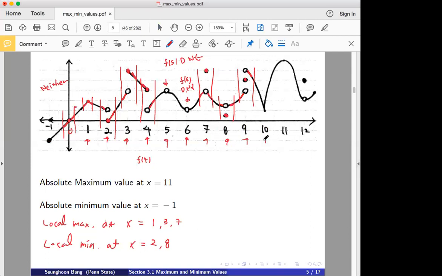Right? How about 10? What's 10? Yes, local minimum. You're right. Local minimum. Cut like this. This corner is the lowest point. Compare with the left-hand side and right-hand side. This is the lowest point. Local minimum. How about 11?